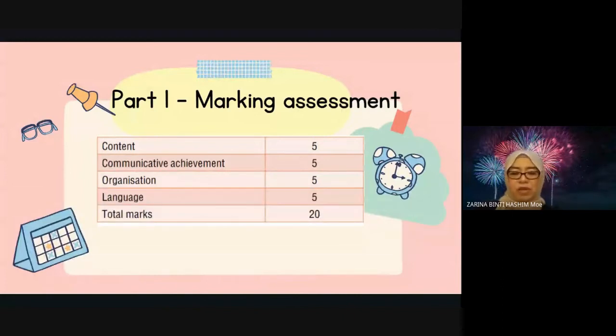For communicative achievement, that means whether you use the correct format or not. Organization is how you join the sentences and ideas. This is where you write your connectors or cohesive devices. And of course, your language: your grammar, your vocabulary, and your errors. Then the total mark is 20 for this part. So this is Part 1. Now let us go to the next slide.